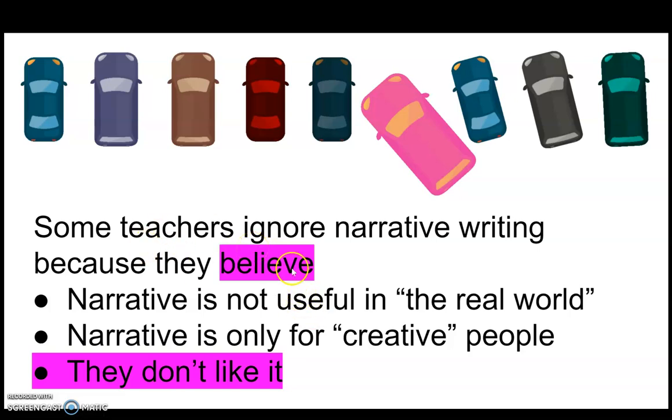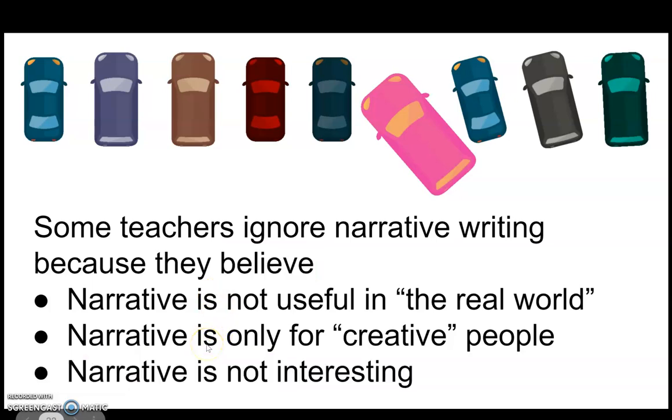We have our list set up with our bullets, and one of the problems is that the list is set up to be working with this believe as our main verb. So because they believe they don't like it, that doesn't work. So we need to try to find a way to get this third item to match with the other two.